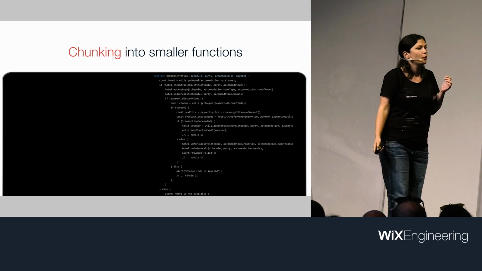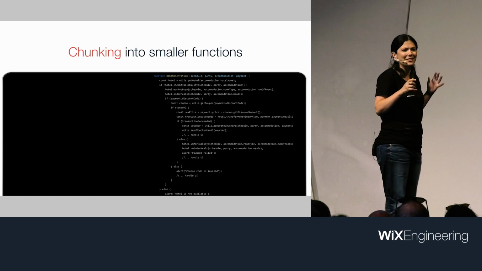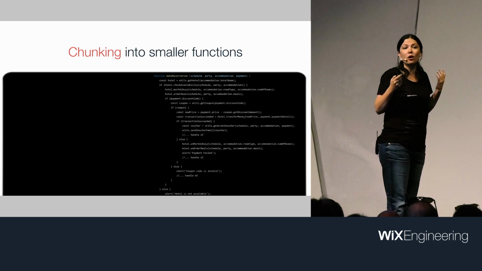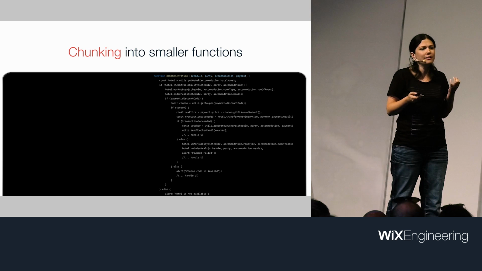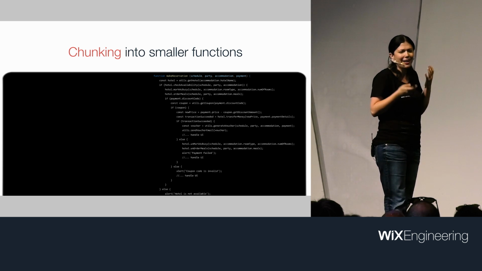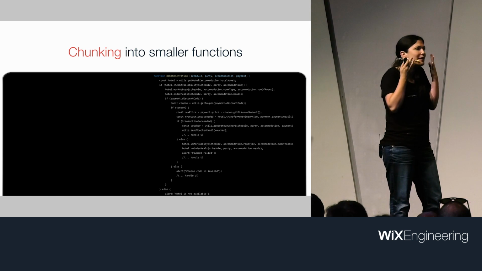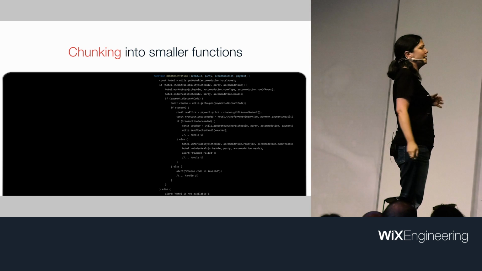Let's see another example. Say you had this long function. Don't read it. Just say you had this long function. When I read it, it's really hard. By the time I get to the end of the function, I can't remember where I started. It feels like I have a stack overflow in my mind.